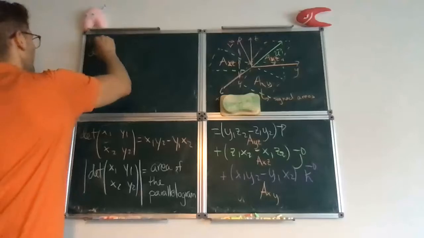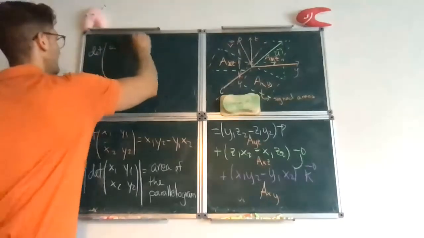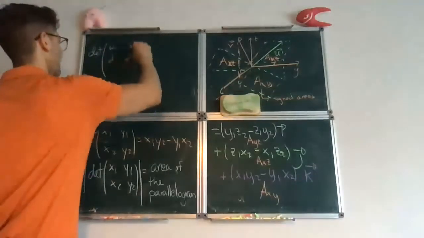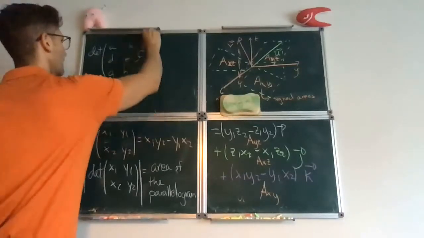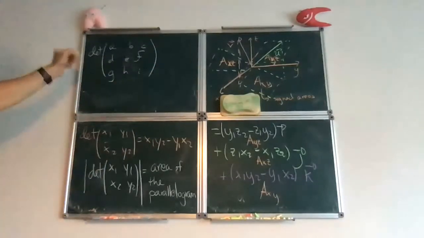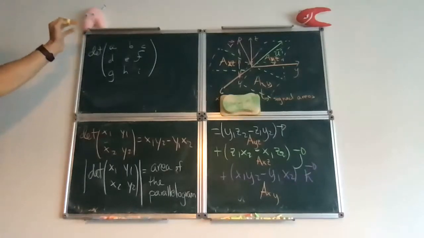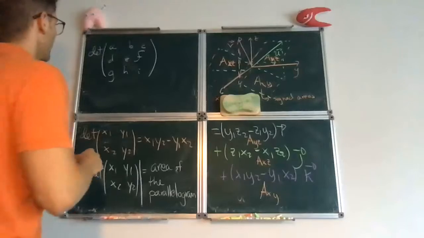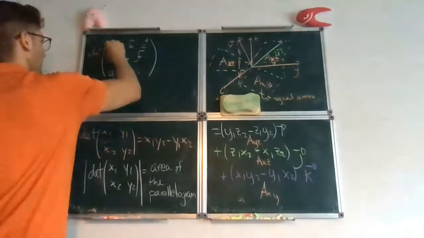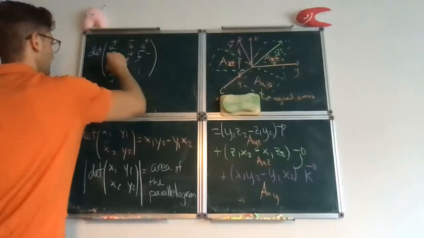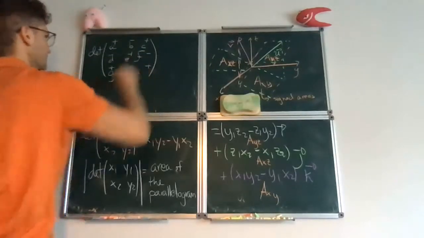So if you have, say, A, B, C, D, E, F, G, H, I, imagine that this is an array of three vectors of size 3, so it's a 3 by 3 array. What we're going to do is plus, minus, plus, minus, plus, minus, plus, minus, plus.